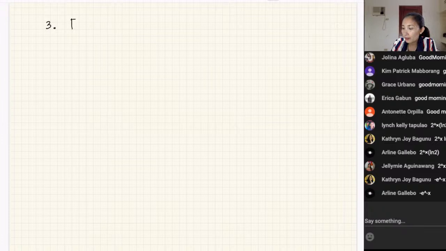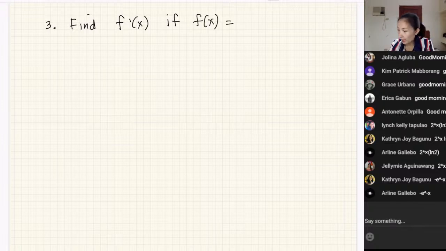Find f prime of x if f of x is equal to sine of e raised to x.